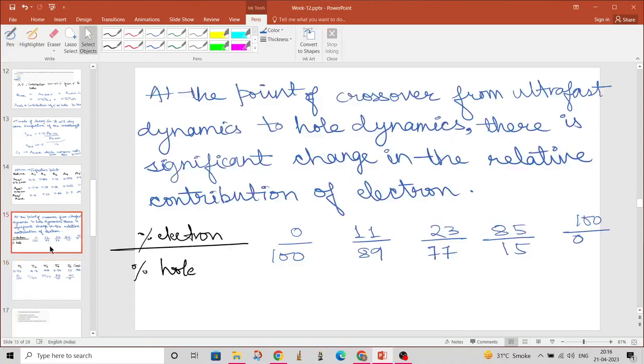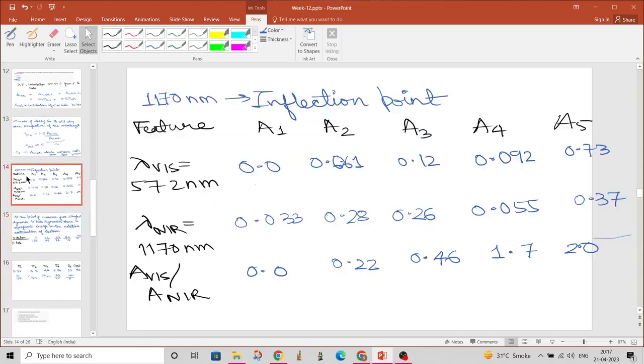So what I wrote here is that there is a significant change in the relative contribution of electron. This is the electron fractional contribution, and there is a change when we go from ultrafast dynamics to hole dynamics.